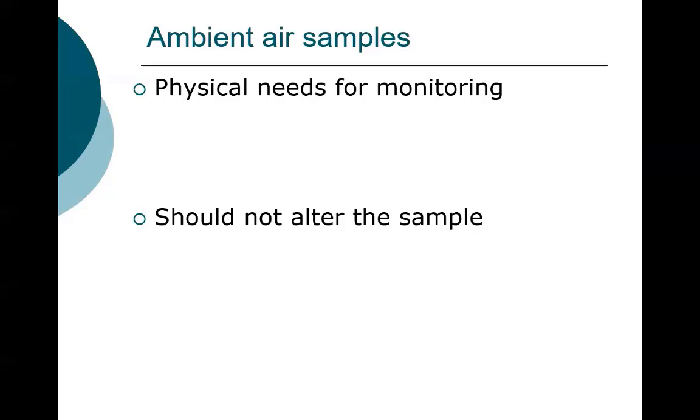We also need to think about how that sample could be altered in the process of collecting it. We want to prevent the analyte from being changed during sampling. I mentioned this in the other sampling video.